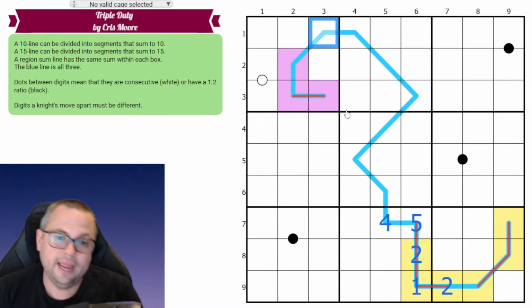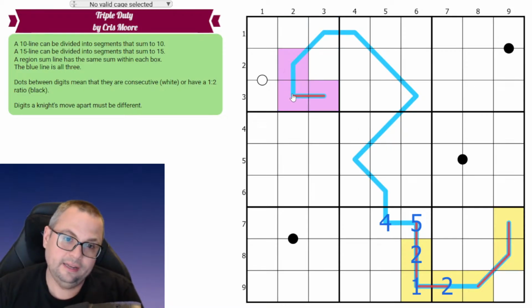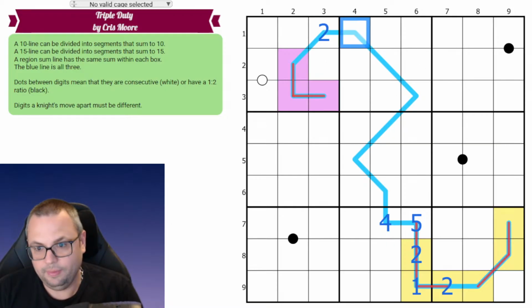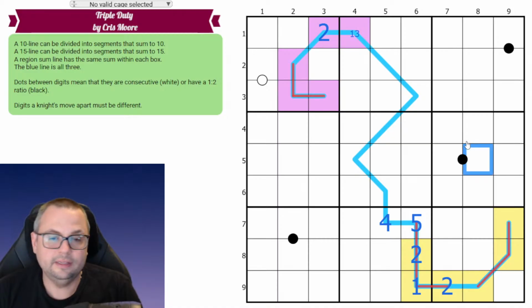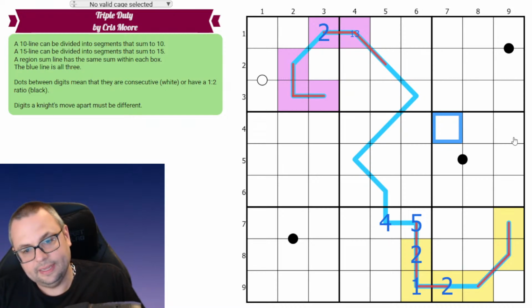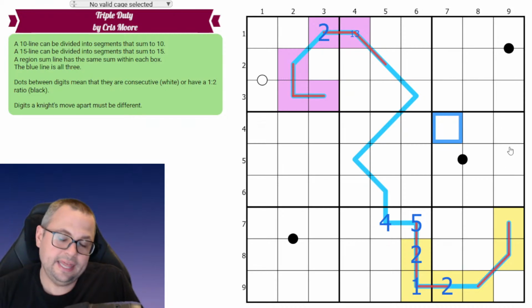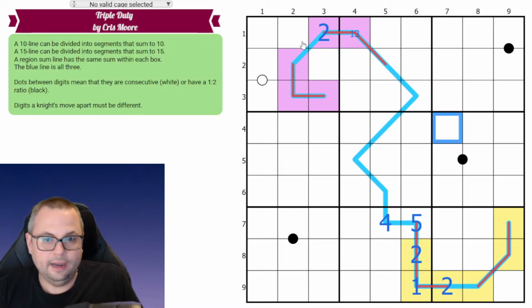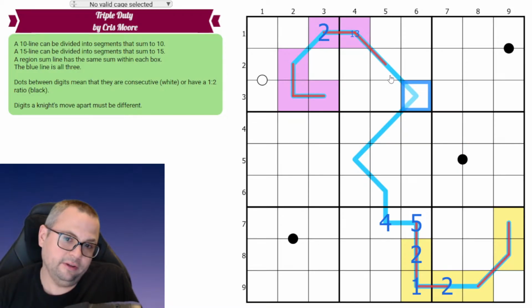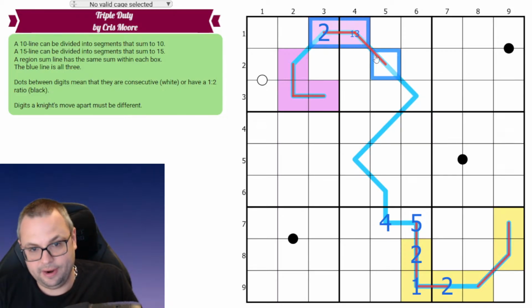From the other end, our 10 line comes up here to a 2. We get a 1, 3 over here. So our 15 sum goes at least over to here. Our next 10 sum goes at least to there. Oh, but it can't go any further because the sum up until this point is 24 now. So it actually has to stop there.